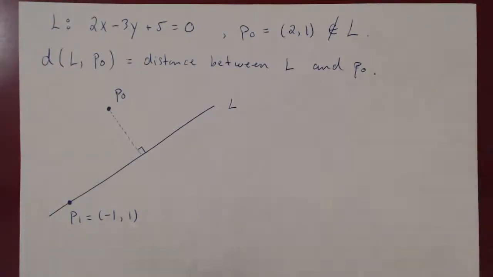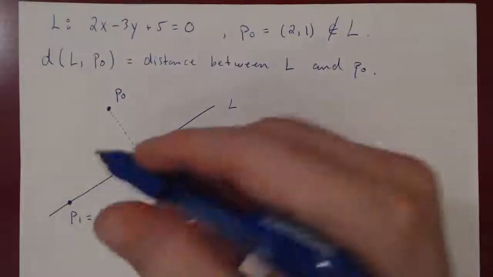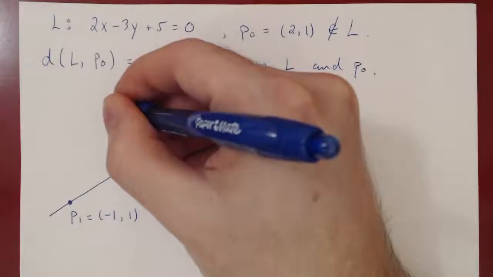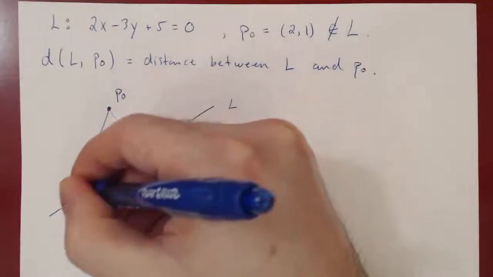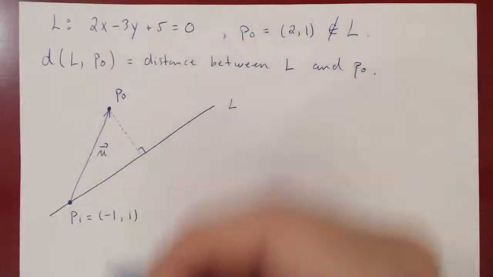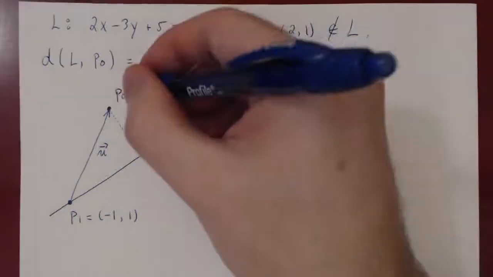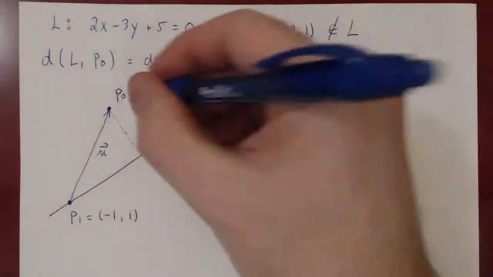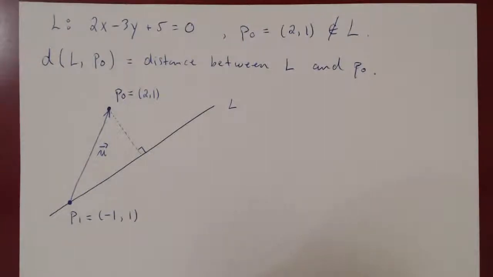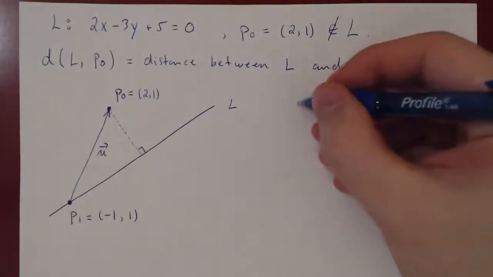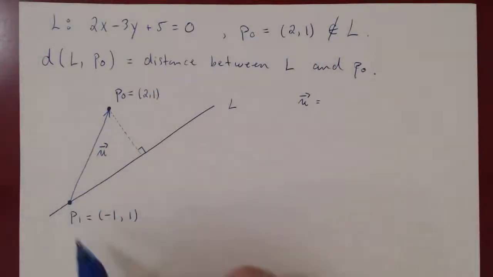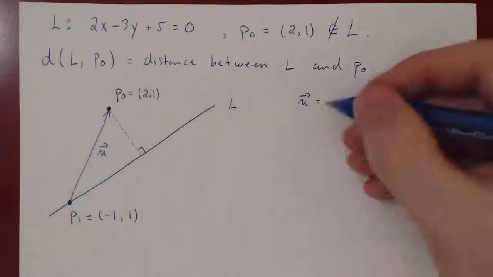Now we can naturally connect P1 with P naught and form the vector that we'll call U. Let us find its coordinates. The coordinates of P naught were 2, 1. The vector U is the vector P1 P naught, with P1 being the initial point.